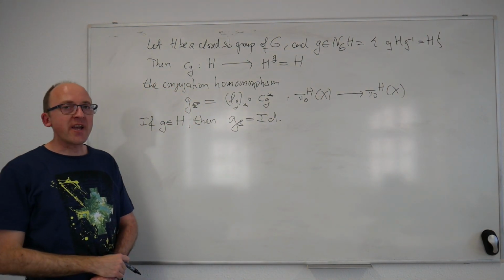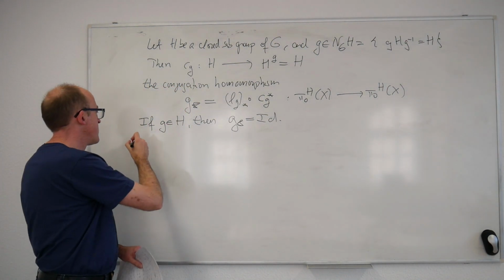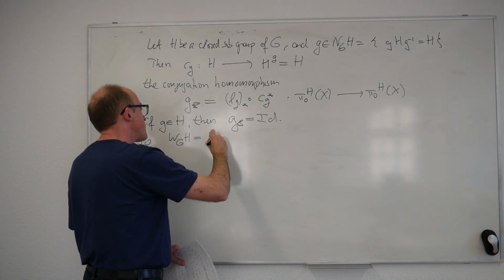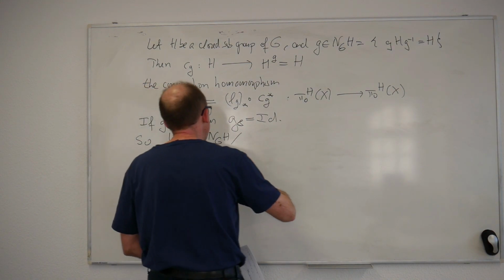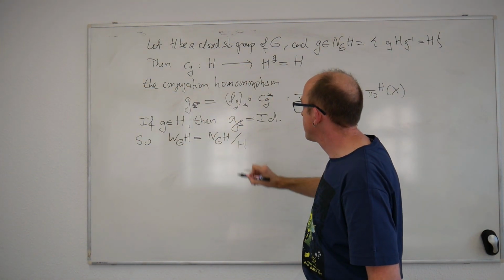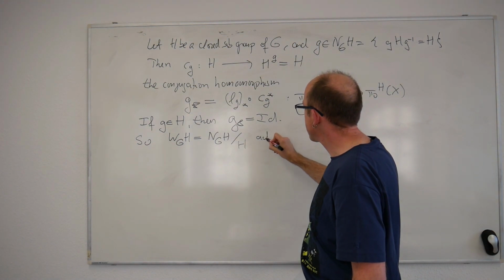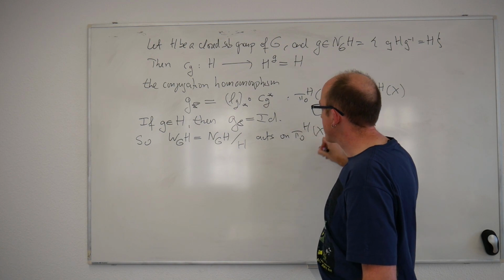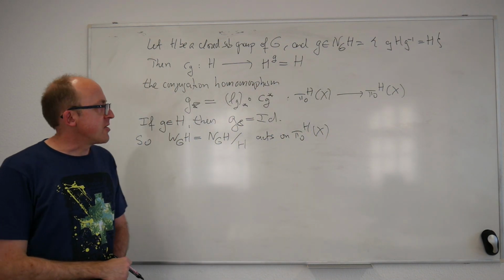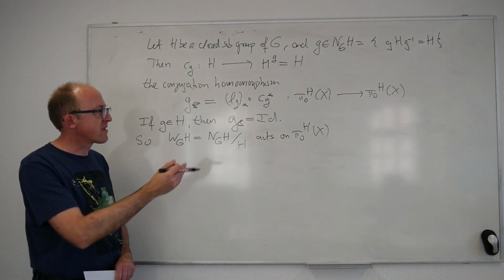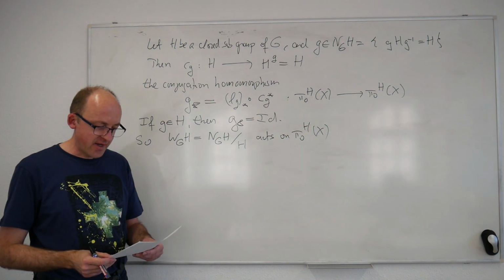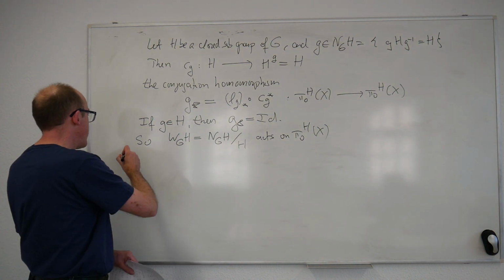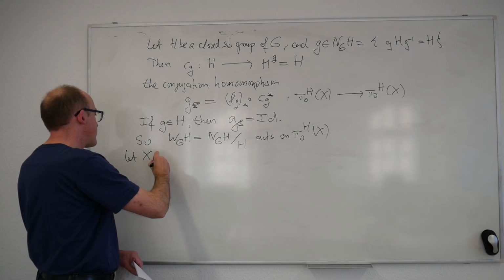So if you combine these two facts, this means that the quotient group, which is often called the Weyl group, W_G H, so the normalizer of H divided by H, acts on the zeroth H-equivariant homotopy groups of X. And for a general orthogonal G-spectrum, this is the structure that you have, and it doesn't simplify any further than this.